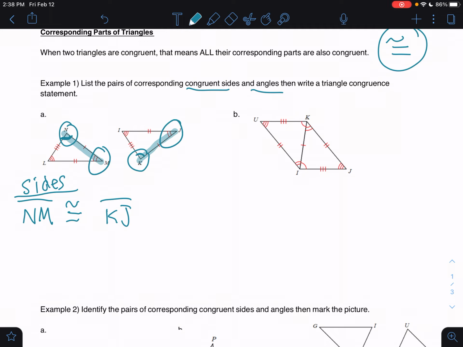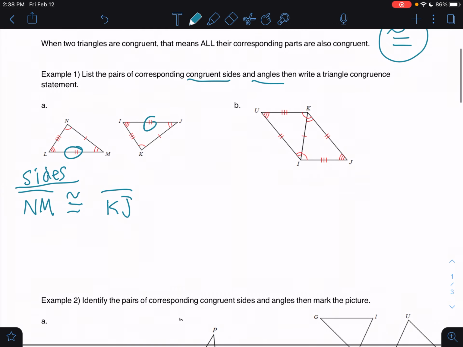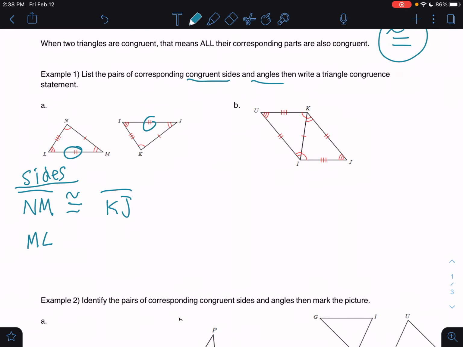So let's go on to another side. So let's look at the one that has 2 tick marks. So here's our 2 tick marks. So let's say side ML is congruent to, we have to look over here, and we started with the 2 and we went to the 3, so we have to start with the 2 and go to the 3.